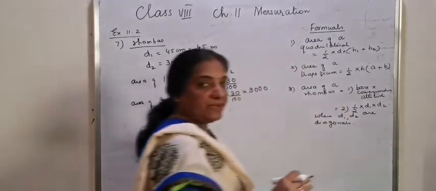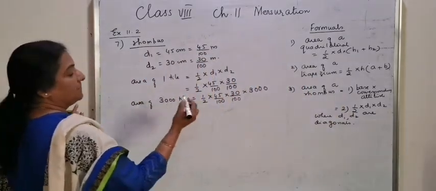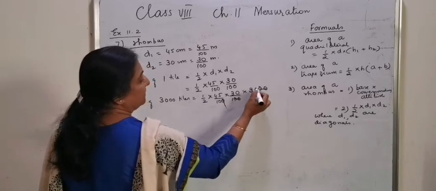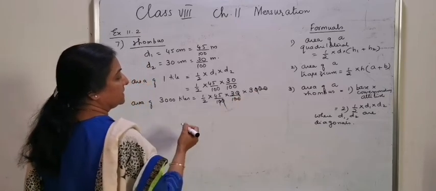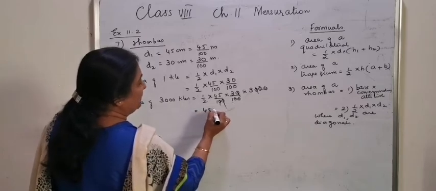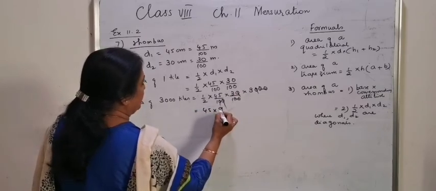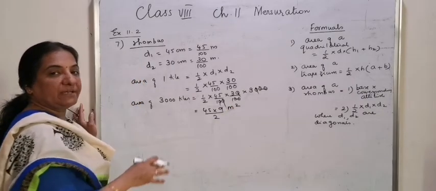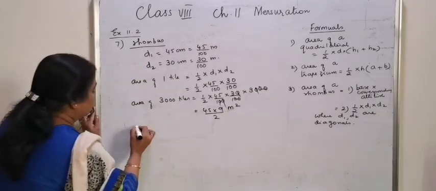First, let's find the total area. Zeros cancelled. It is equal to 45 into 3, 3 3s are 9, by 2 meter square. Let's do the final calculation later.